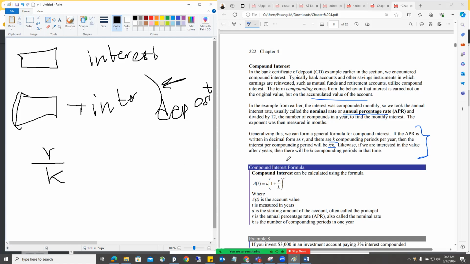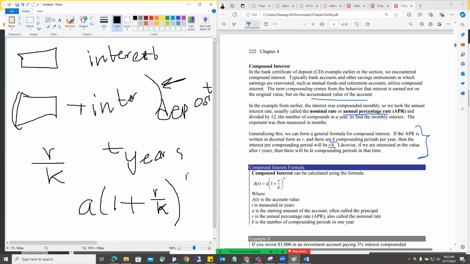Likewise, if we are interested in the total value after T years, then the formula will be A times, where A means the initial value, what we deposited there, the starting account value, A times 1 plus R over K. Here R is the annual percentage rate, that is APR, which is also given a new name, the nominal rate, and K is the number of compounding periods in 1 year, to the power of KT.